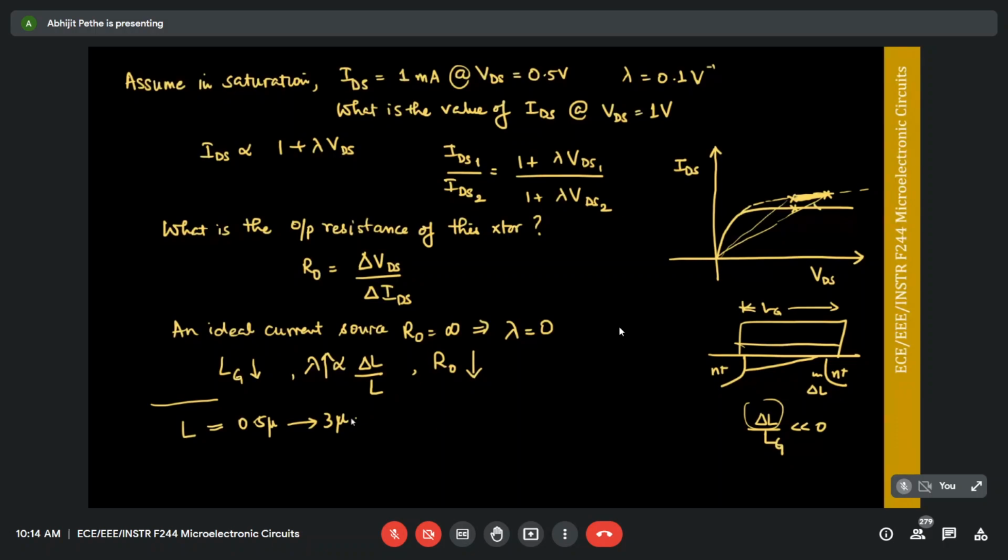Okay. So let's talk about one more parameter which will be important in analog design, which is transconductance, right? Or GM. And what is GM? GM is defined by, remember, transconductance, right? So we talk about input-output relationship.